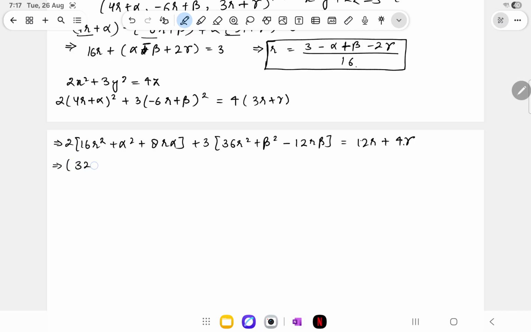If I do so, I'll get 32 plus 36 into 3, which is 108, so 32 plus 108 is the coefficient of r square, plus the coefficient of r, which is 16 alpha minus 36 beta minus 12, plus 2 alpha square plus 3 beta square minus 4 gamma equals 0. Now I can substitute the value of r here.